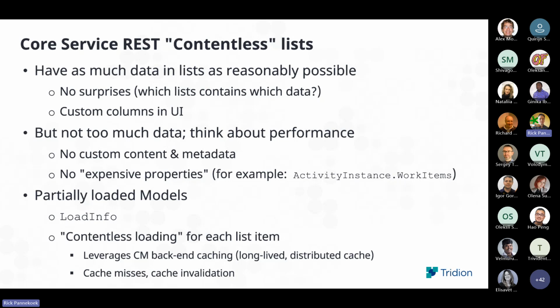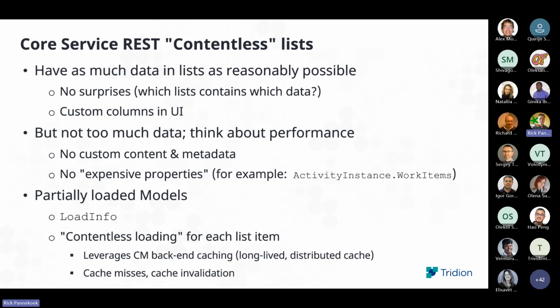Fortunately it can leverage a CM backend caching mechanism that we have. It's a long-lived distributed cache that caches across requests, and once cached, things only get expelled from the cache if you do something that would invalidate those objects, so there's cache invalidation.